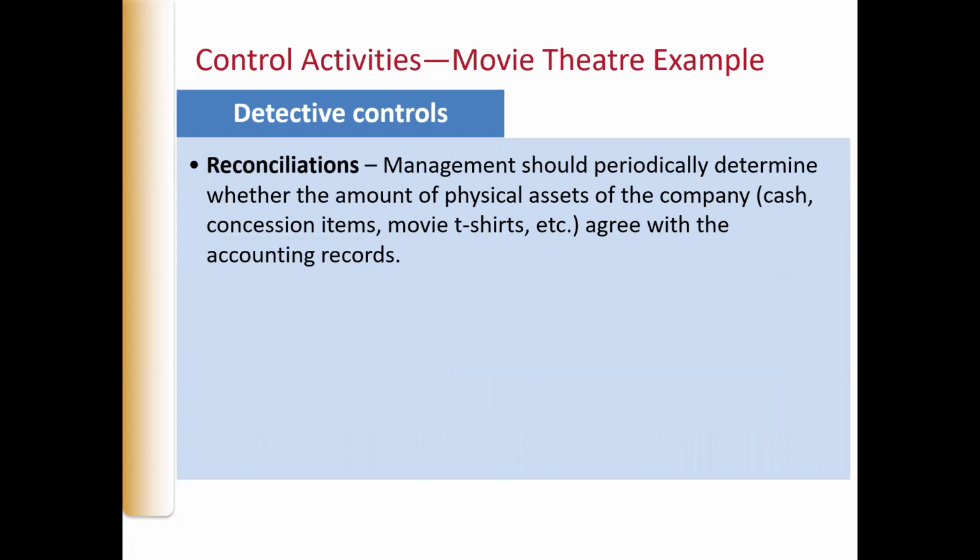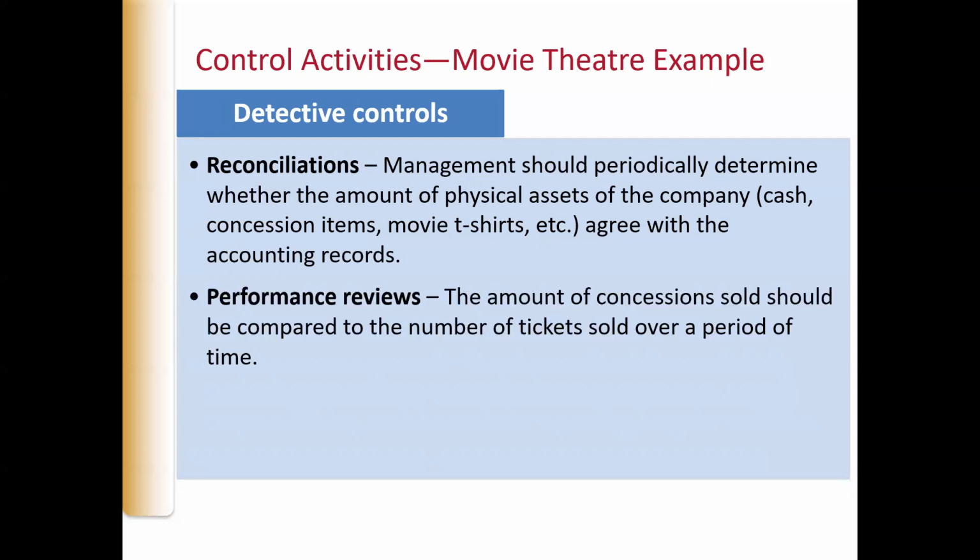Now, the detective controls. Reconciliations are where management periodically needs to determine if the physical assets of the company really match what they're saying is on paper, what agrees with the accounting records.